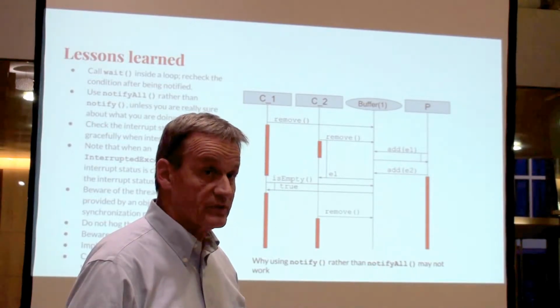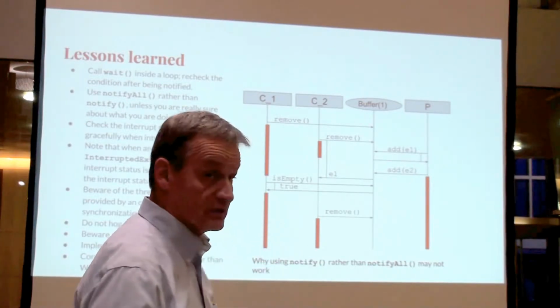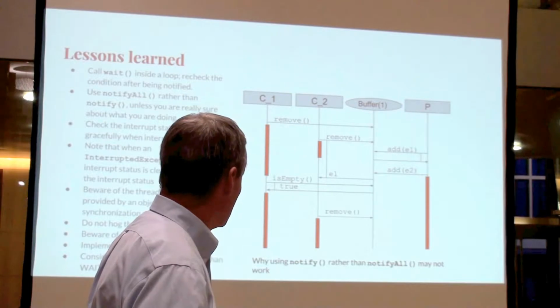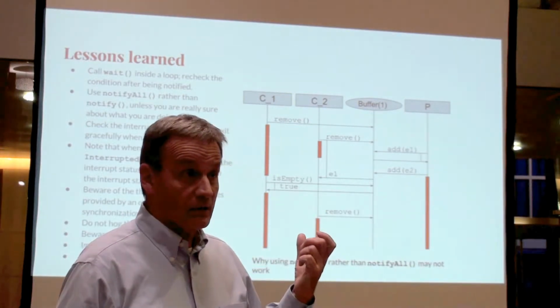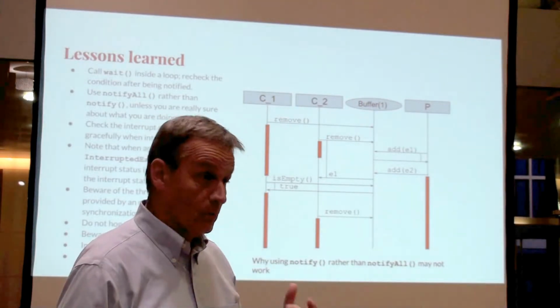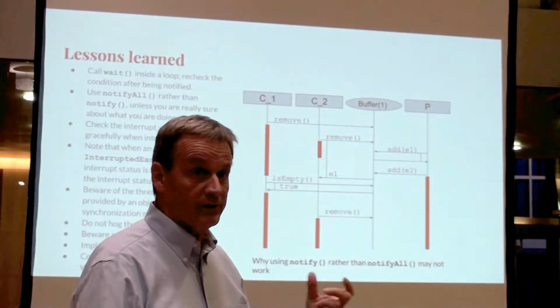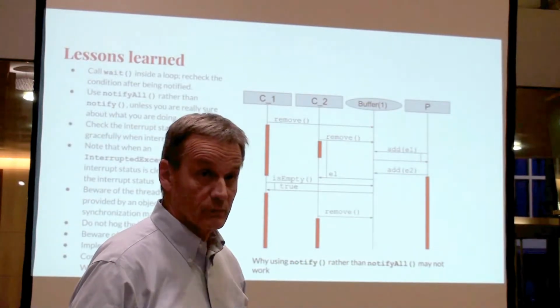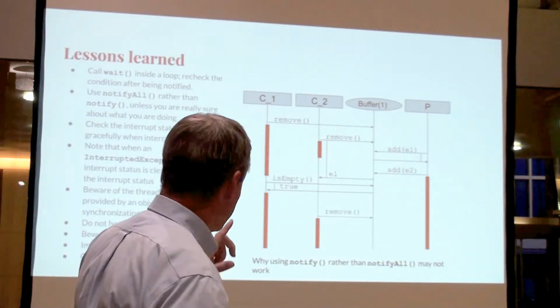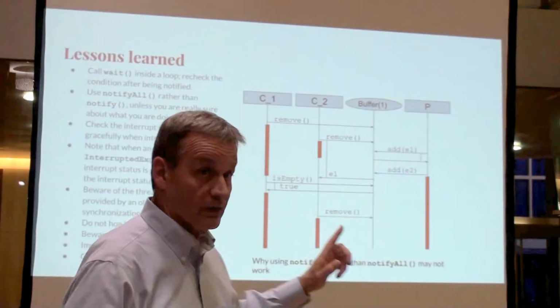That works fine, the buffer is empty, there's capacity, it returns immediately. When it returns, just before returning, it calls notify. When you call notify, not all the threads that are in the waiting state wake up, only one of them, one at random. Now let's assume that C2 is woken up.